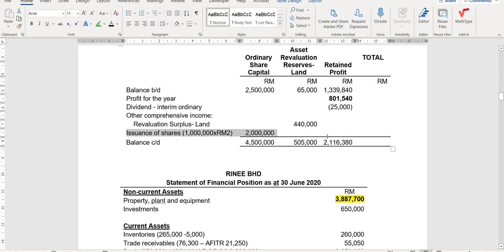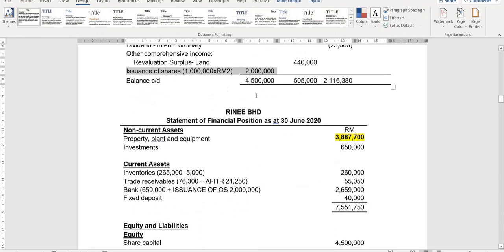So therefore, what you would do is you would go and check what is the total reserve from asset revaluation reserve and the retained profit. So go and total up that figure, find out how much is the figure, and if you total up, it would be 2,621,380, because the total from the two items here, right?